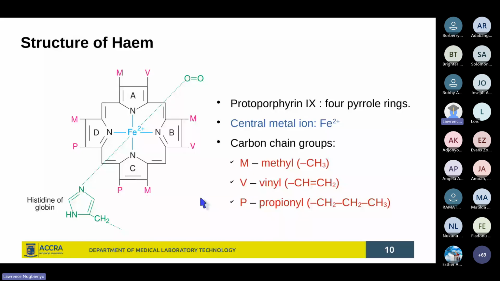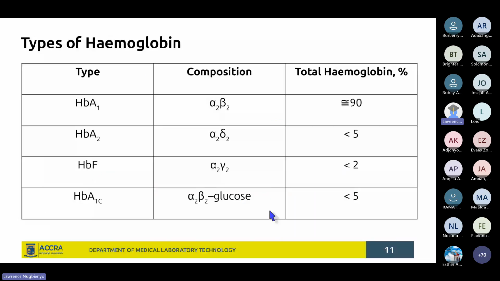So basically the structure of heme is what we have just looked at. We'll continue to look at the types of hemoglobin. I referred to the fact that there are some other types of hemoglobin, but we mostly refer to the HbA1 structure containing 2 alpha and 2 beta subunits.